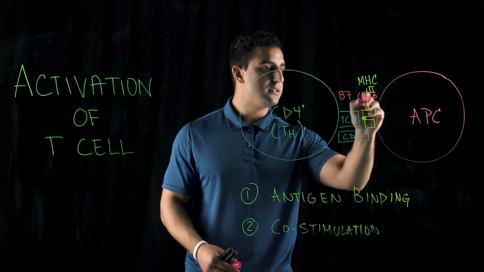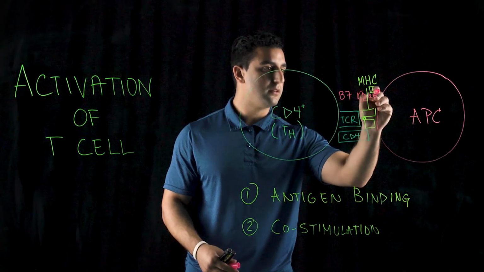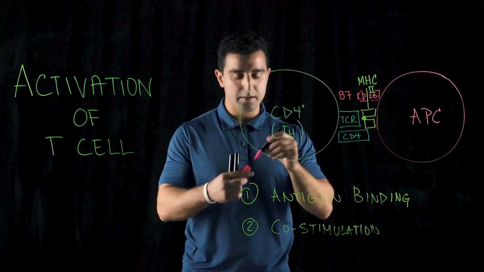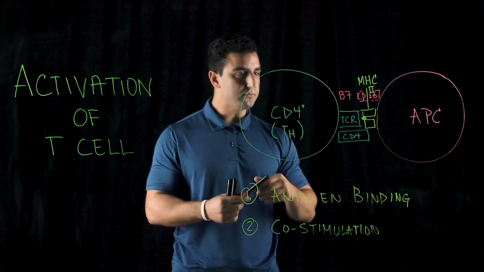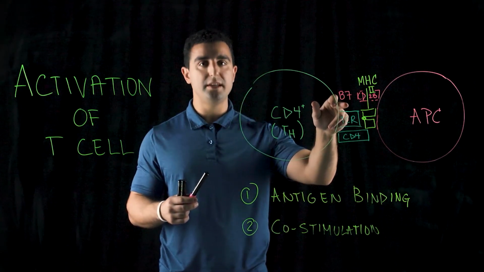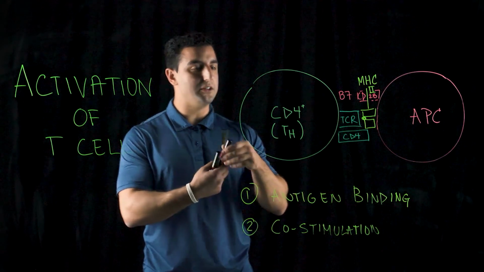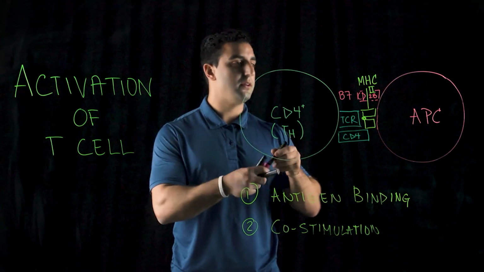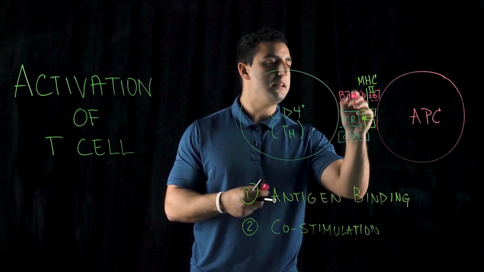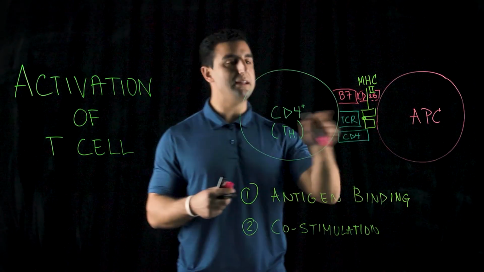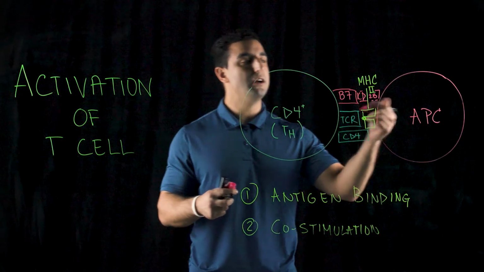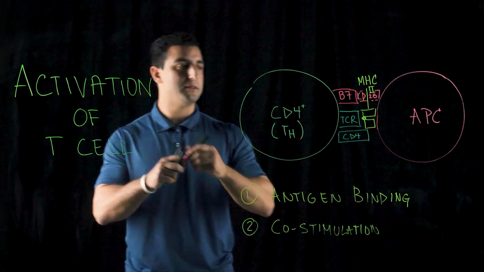Okay, so the CD28 receptor is usually on the T cell, and then the B7 is present on the cell that's presenting the antigen, right? And both of these need to be bound together in order to stimulate each other. You need this co-stimulation to further generate a response, right?